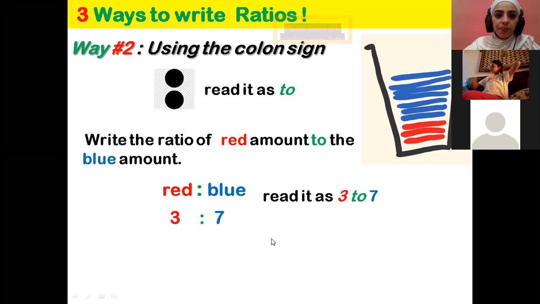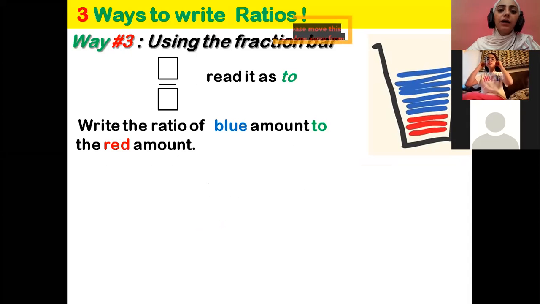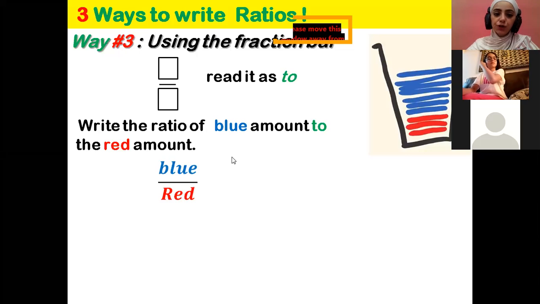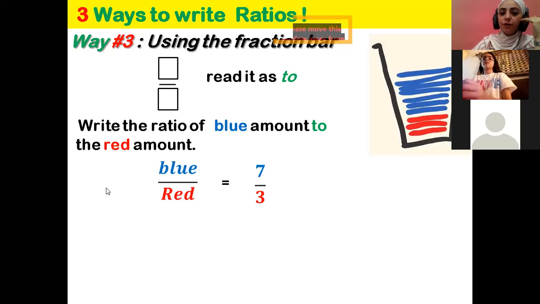Another way of writing the ratio is like a fraction. It looks like a fraction. Like here, again, write the ratio of blue to red. Blue first, so we put the blue up in the numerator and the number of red down in the denominator. So the blue are 7, the red are 3.